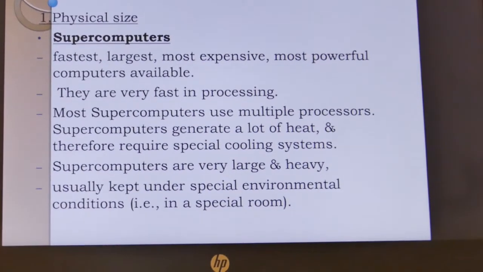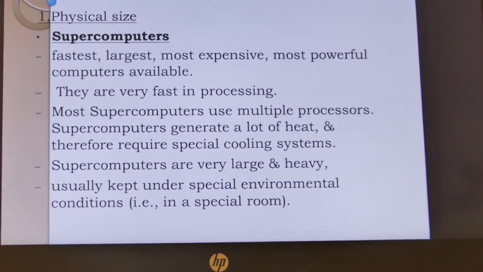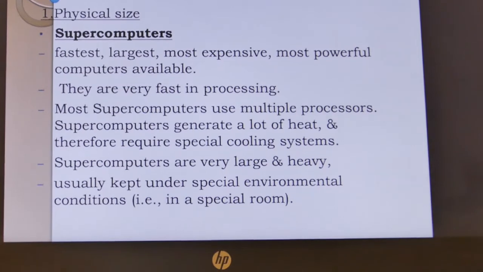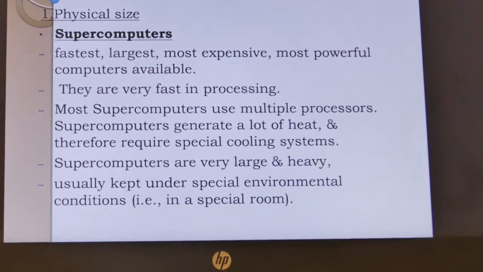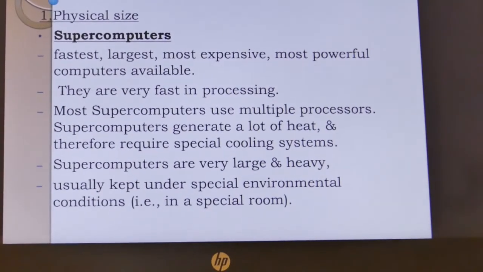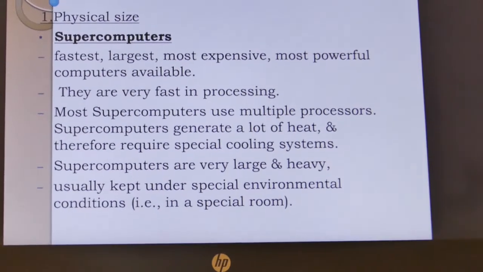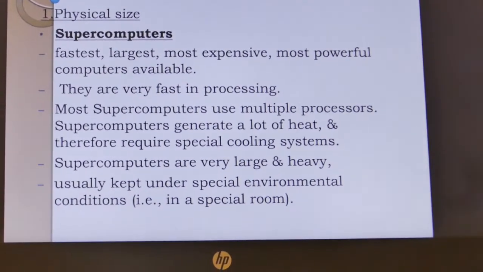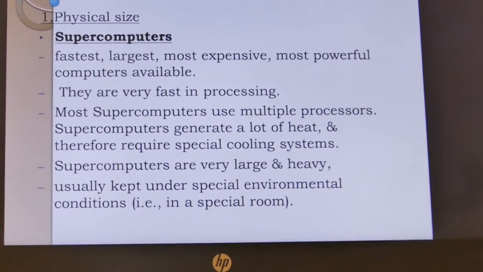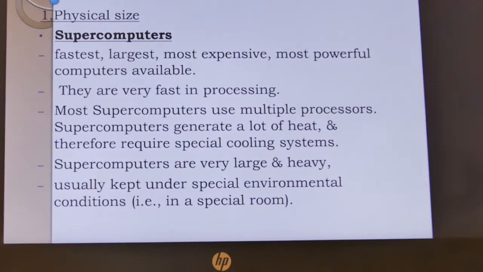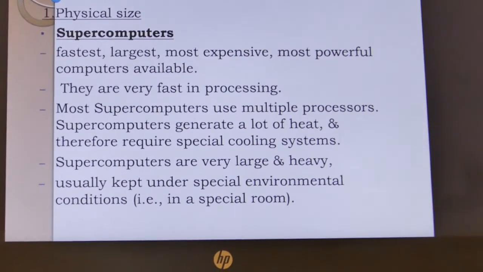So according to the physical size, we have supercomputer and others that I'll mention later. So we begin with the supercomputer, which is the fastest, largest, most expensive, and most powerful of computers.